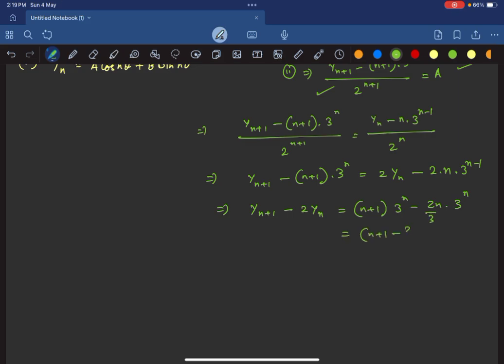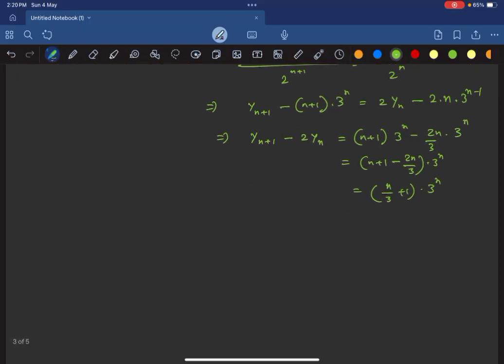So (n+1 minus 2n)/3 into 3^n is going to be equal to (n/3 + 1) into 3^n. So ultimately what we have is y_{n+1} minus 2y_n equals (n/3 + 1) 3^n. So this is our required equation.